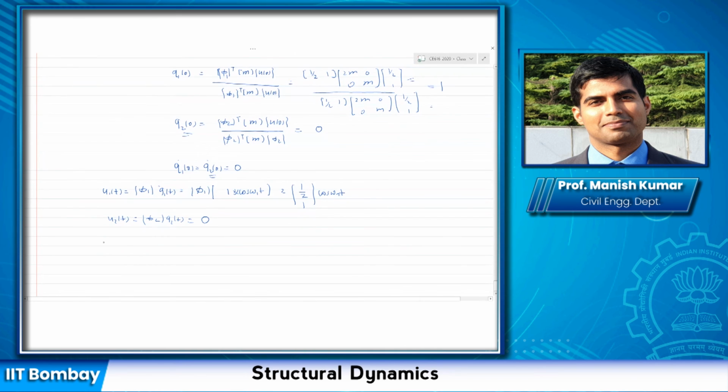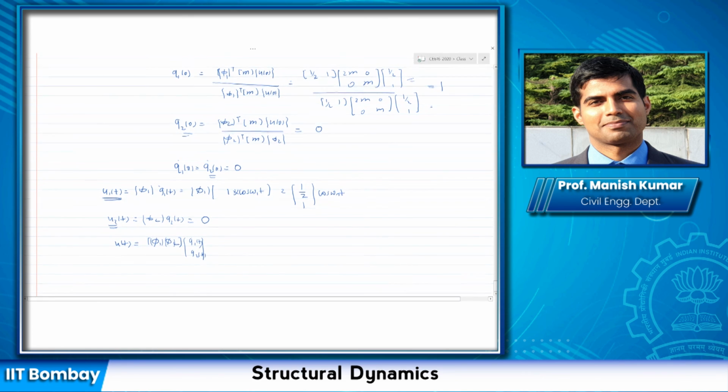So this is equal to 0. So the total response ut, which is basically, remember, this is for each mode shape, not the degree of freedom. Just be careful. You could have directly also written this as, instead of finding out separately, it is up to you. Just write down phi1, phi2 like this, and q1, q2. You would still get the same answer.